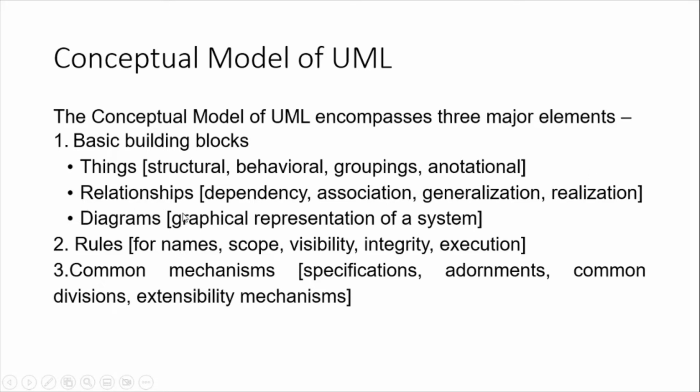Next, for the diagrams, the graphical representation of a system. The next element is the rules. There should be rules for names. What are names that are acceptable and names that are not? The scope, the visibility, the integrity, and the execution. And the common mechanisms. What are these mechanisms? Again, the specifications, the adornments, common divisions, and extensibility mechanisms.